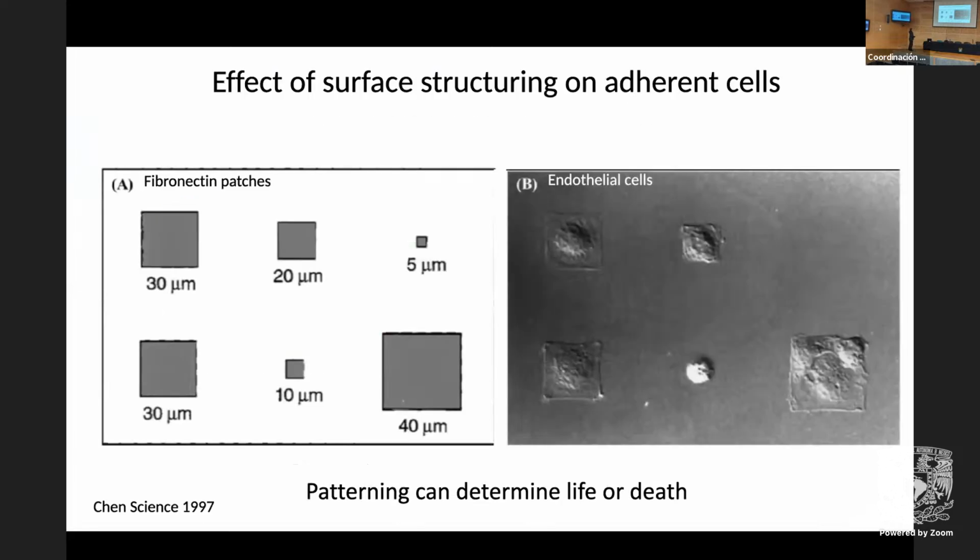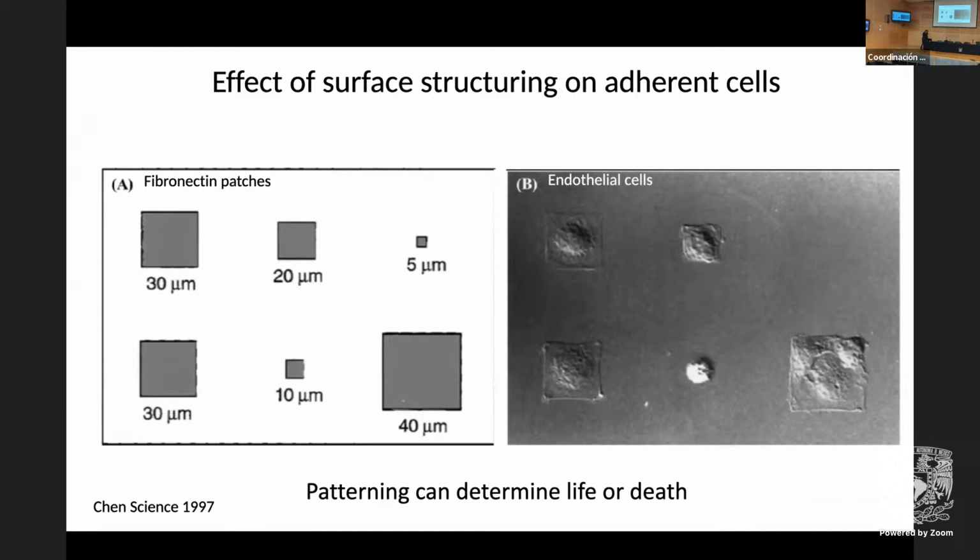Okay, in 97, Ingber's group, they stamped fibronectin patches, and they showed that cells take the form of these patches. But what surprised them was that if you don't let them spread, they just die. If you confine the cells, they die.